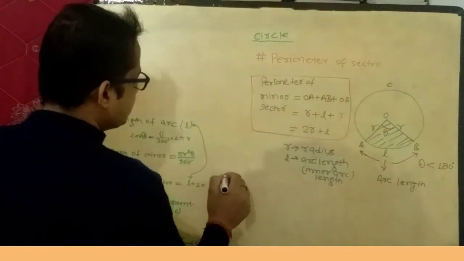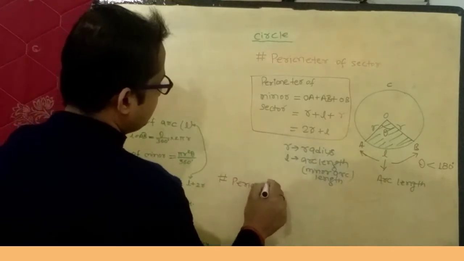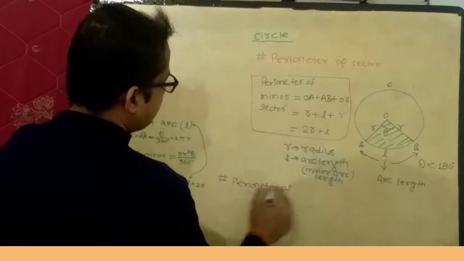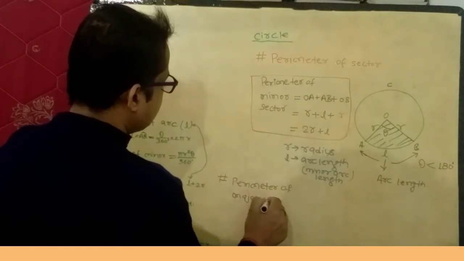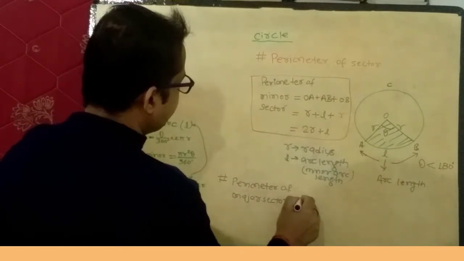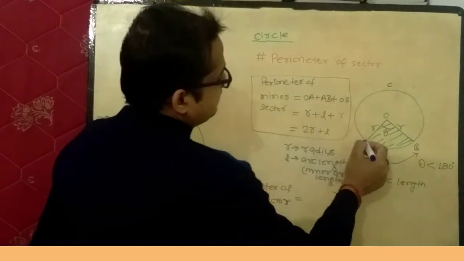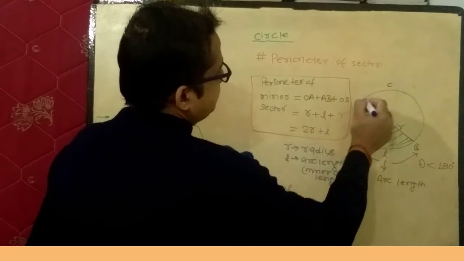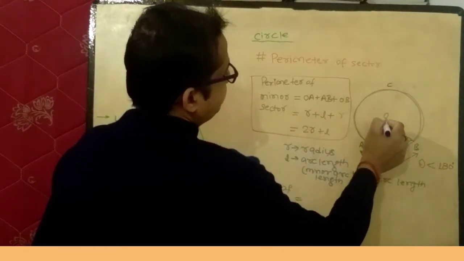Now if you wish to calculate perimeter of major sector, then you can calculate this length, add up this length, add up this length.